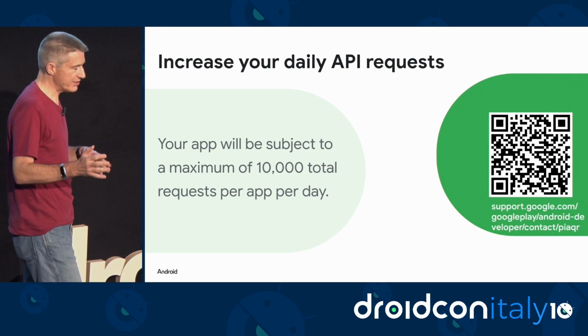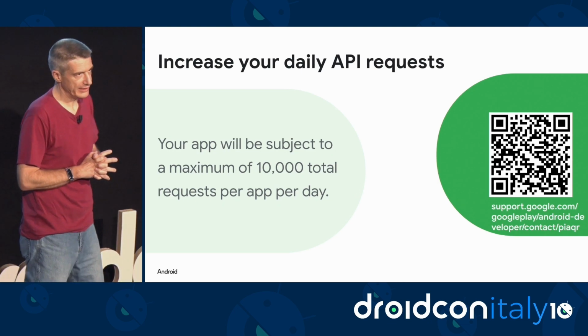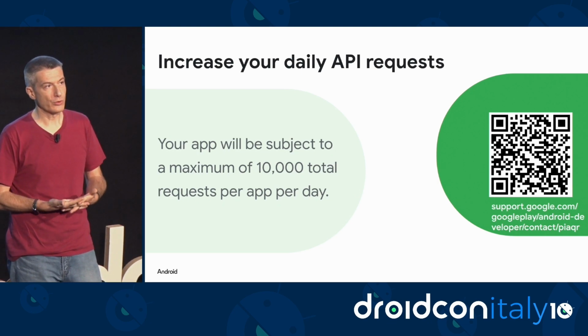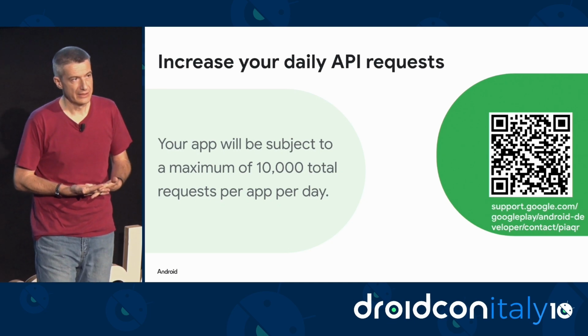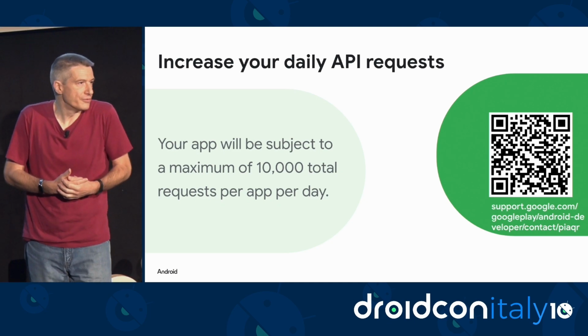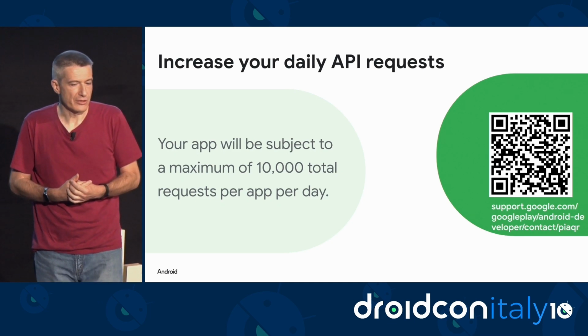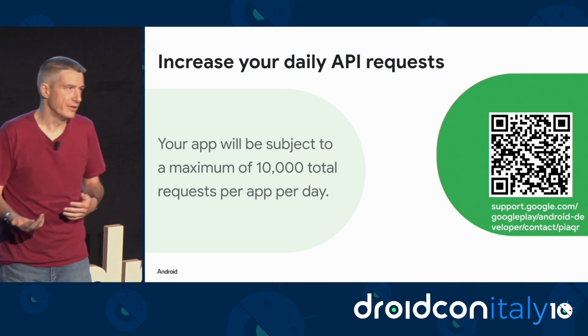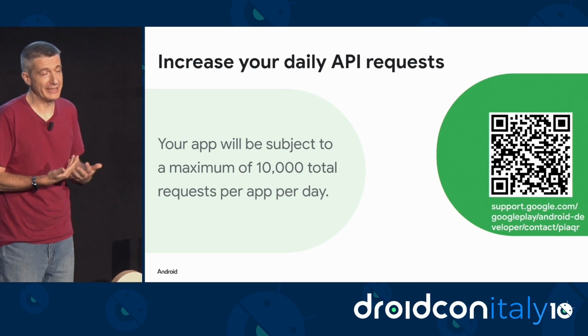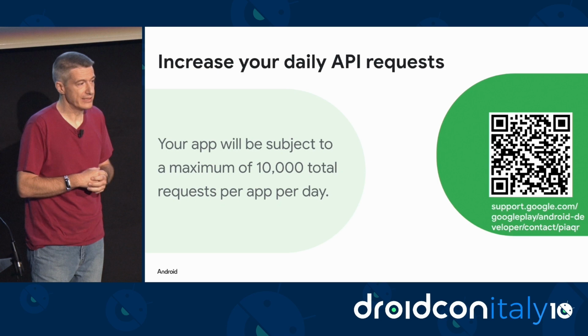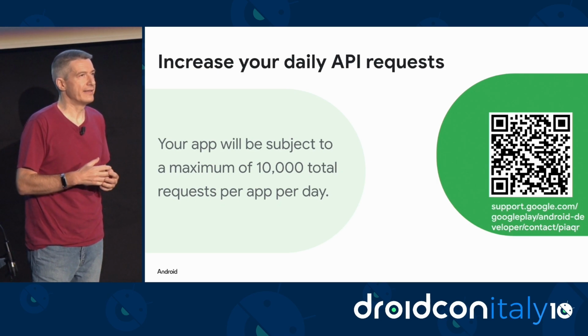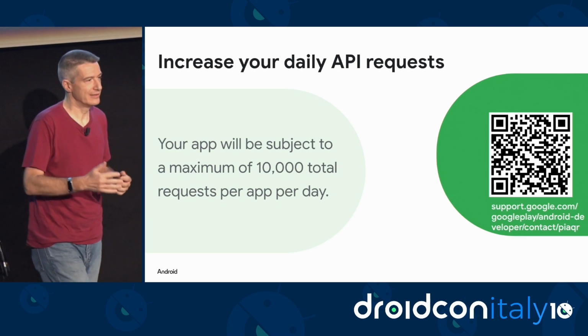Because there are calls involved on the server side, there are quotas. The default quota is 10,000 requests a day. It's good for starting and doing the integration and so on, but if you want to go into production, it's probably a good idea to request a quota increase. The quota increase takes a few days.